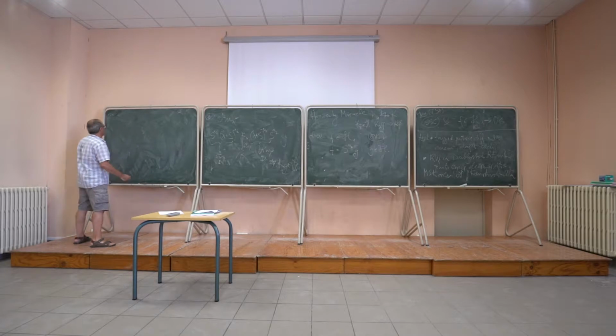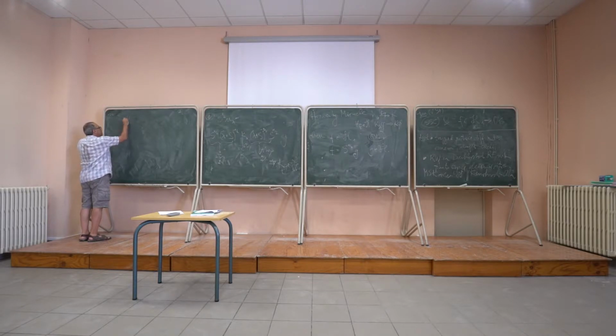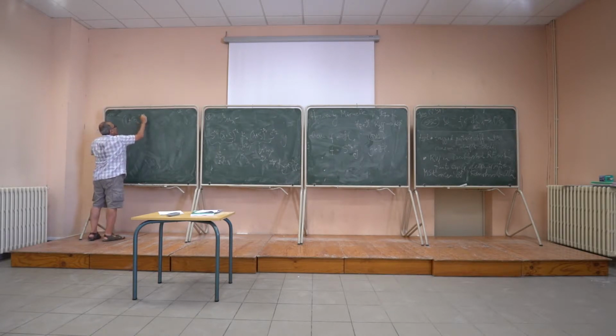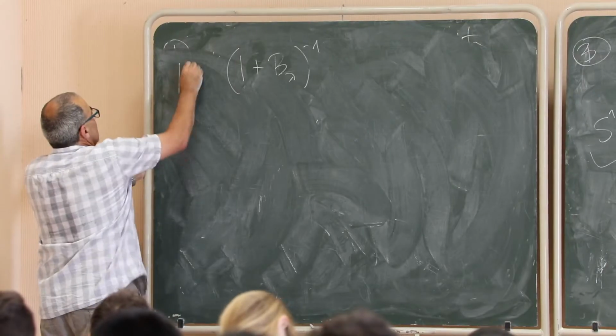So the miracle is the following. I write down what K sub lambda was: the inverse of identity plus B lambda, to the minus 1.